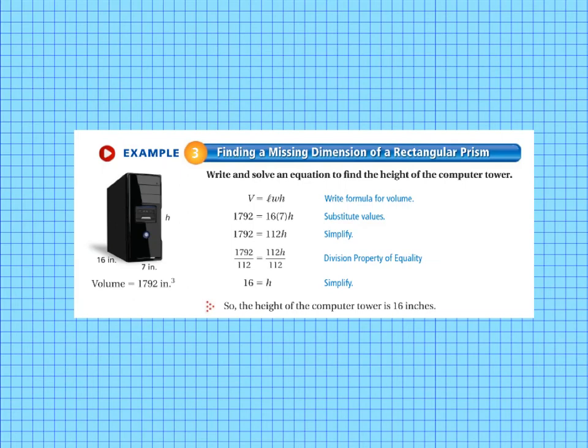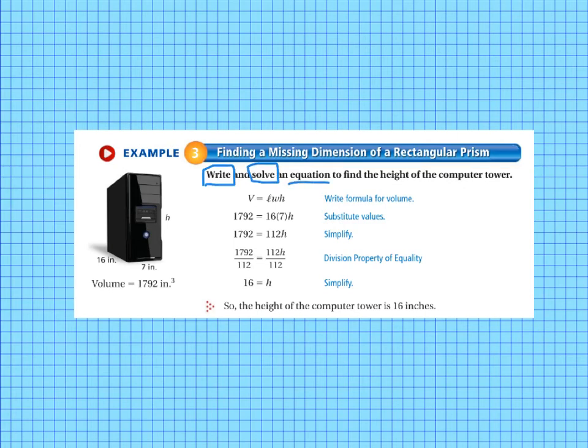Let's take a look at example 3, finding a missing dimension of a rectangular prism. So it says, write and solve an equation to find the height of the computer tower. So if this were on a test, you would be asked to write and to solve the equation.